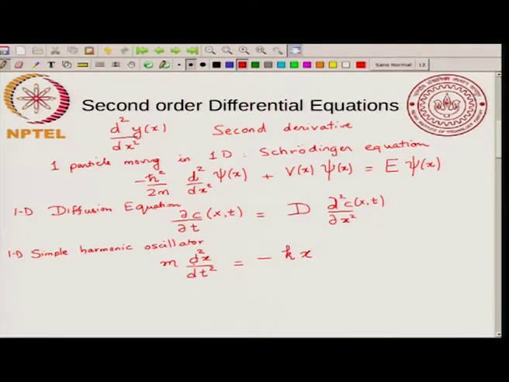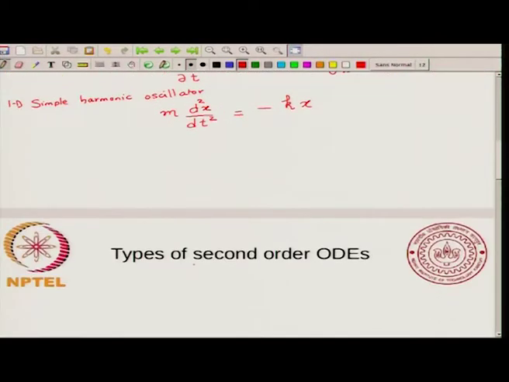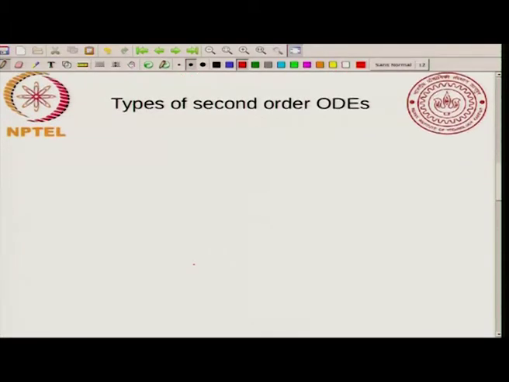Now there are various types of second order differential equations. I will just mention a few types. You can have second order differential equations that are homogeneous, or inhomogeneous or non-homogeneous. So, what does a homogeneous second order differential equation look like?